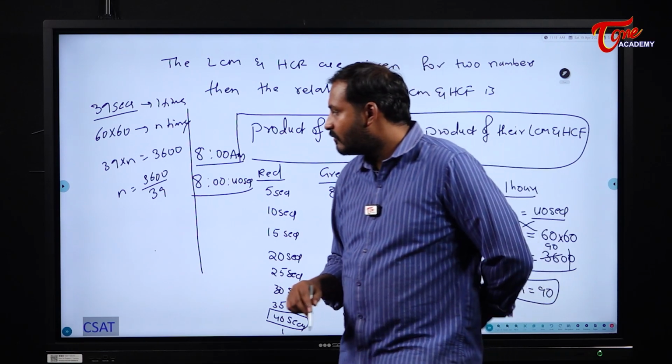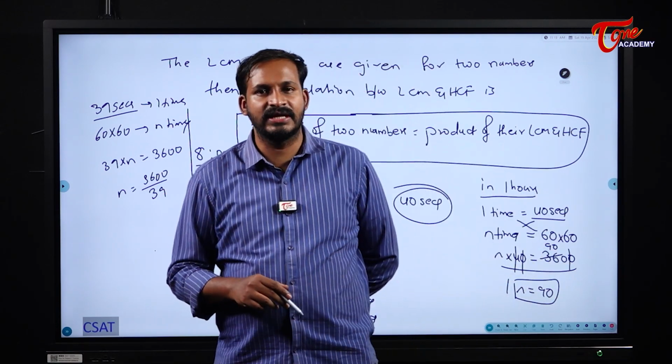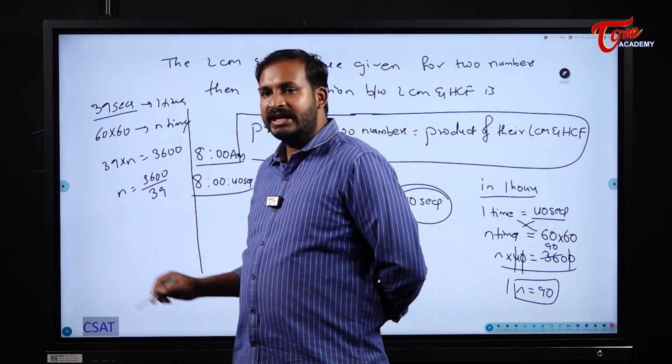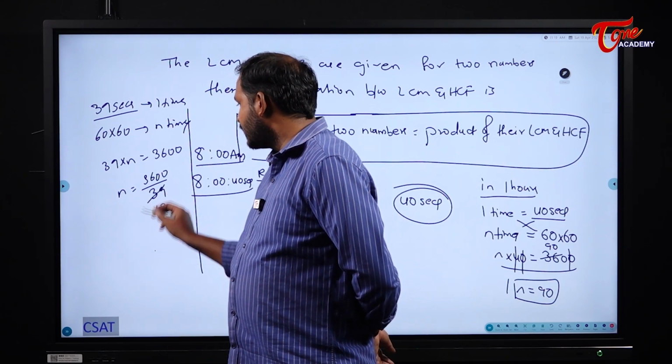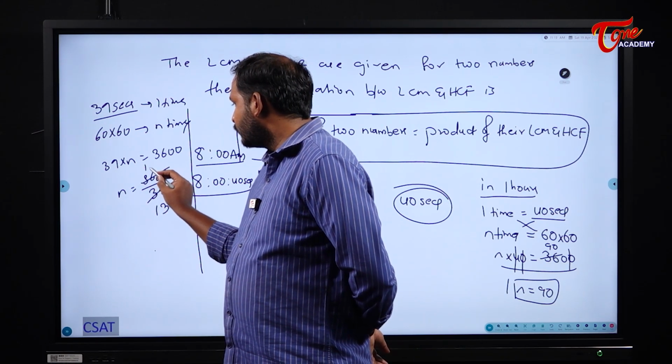Understood? So now what will happen here, students? Please observe carefully. Actually 39 is not going to divide 3600 exactly. 13 times and 1200.